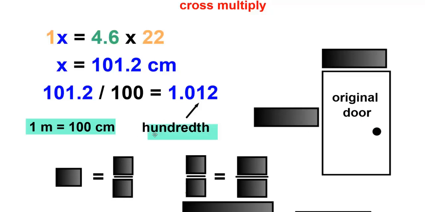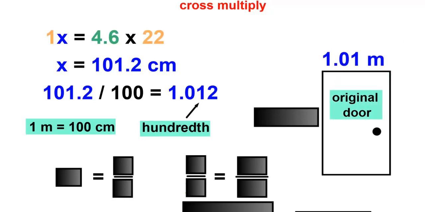We now have to round to the nearest hundredth, which is where the 1 is located. And rounding to the nearest hundredth will give us 1.01 meters. And that's the dimensions of the top of the original door.